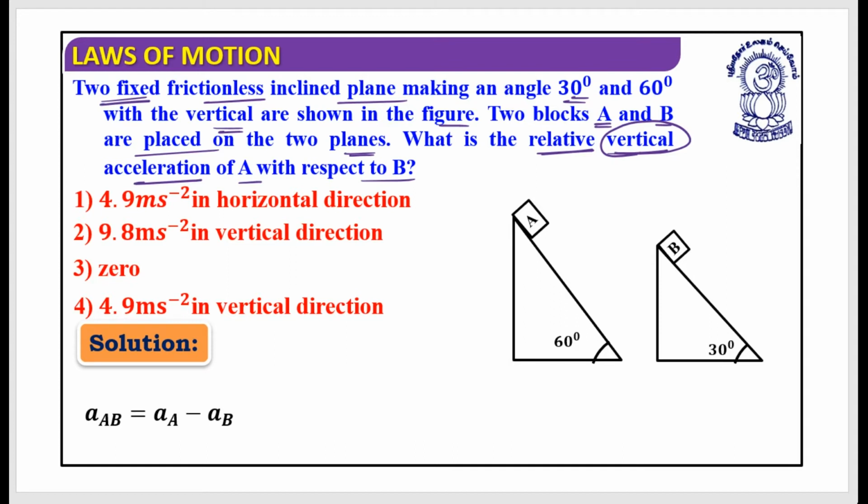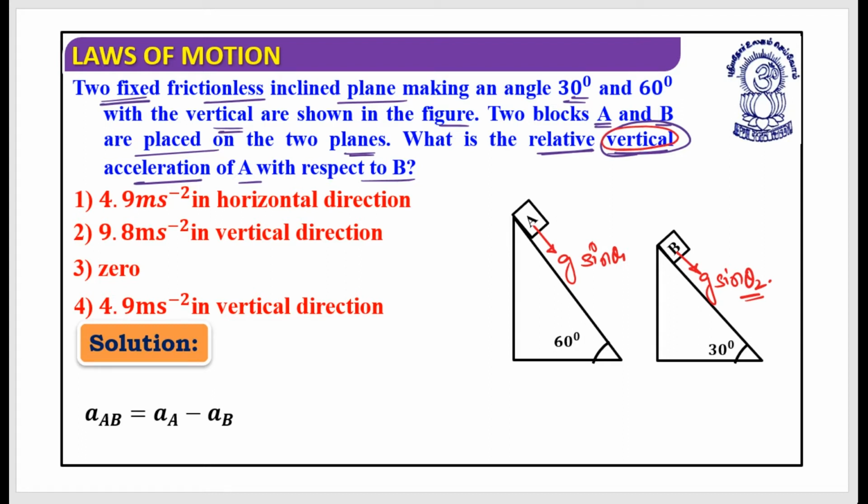Now how can you do this? So what we need to understand is that this is g sine theta 1, and this is g sine theta 2. Yes, this is their acceleration. But what they want is the relative vertical acceleration.